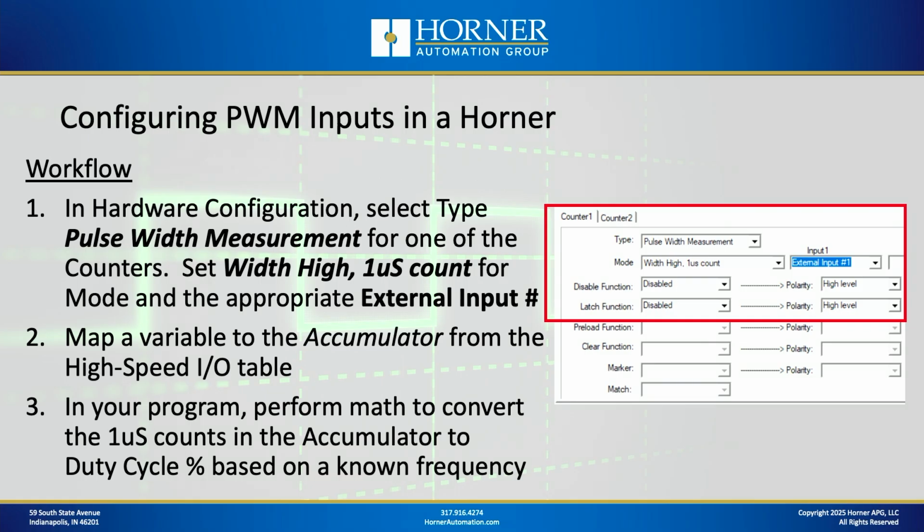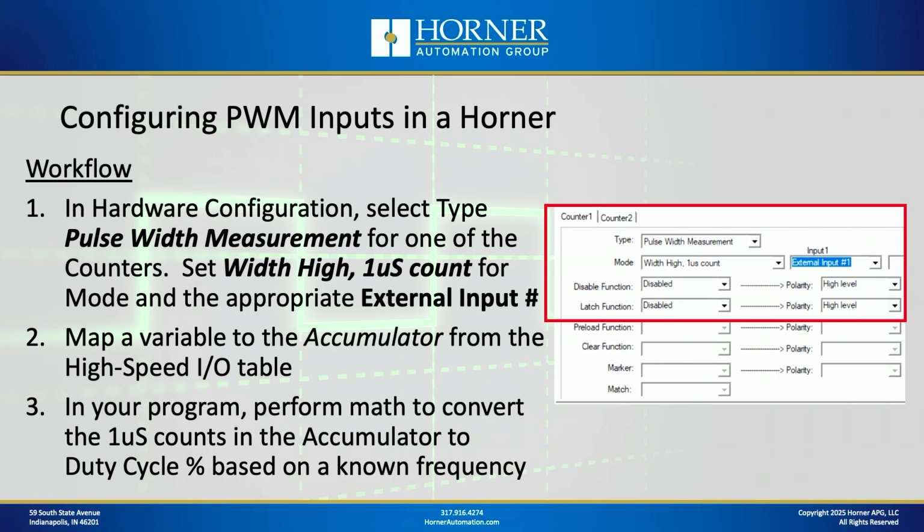So we go back to the hardware configuration, and under the high-speed inputs, under type for one of the counters, and it doesn't matter whether it's 2-counter mode or 4-counter mode, depending on your controller, you just make sure that you set your type to pulse width measurement. Now, you're going to want to set your mode to width high, 1 microsecond count, because you're interested in how long that signal is high. That's what's going to give you your typical PWM measurement.